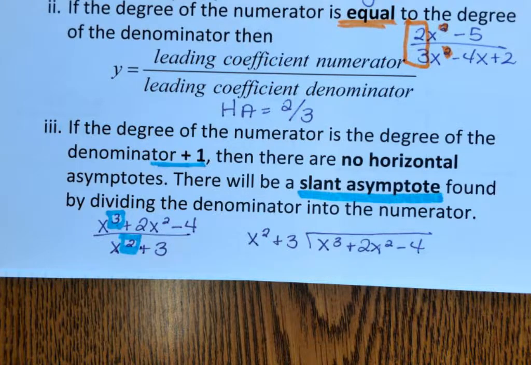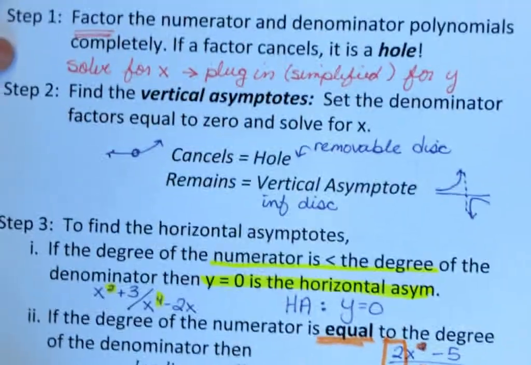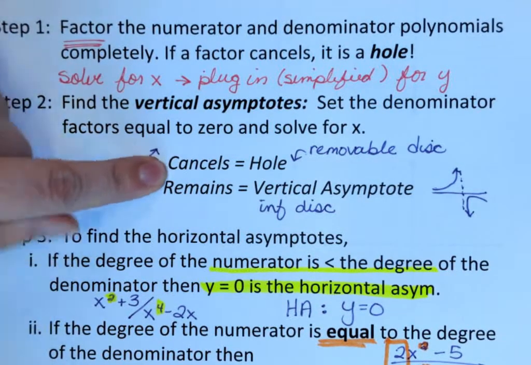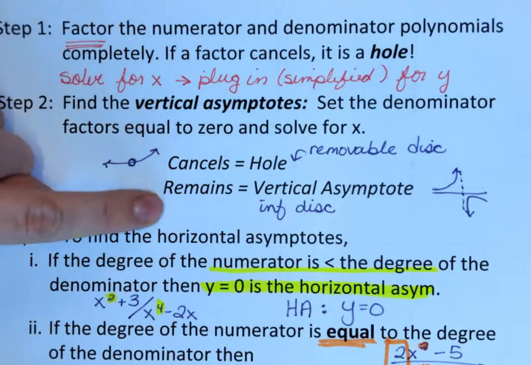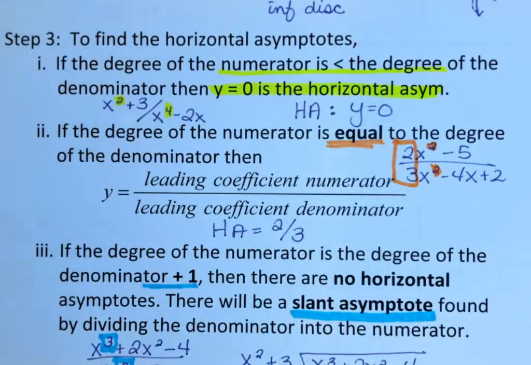Okay? So the steps that we do here, again, very important. You start by factoring the numerator and the denominator. You look, does stuff cancel out, yes or no? If it cancels out, it's going to be a hole. If it's still in the denominator, it's going to be a vertical asymptote. Then we think about our horizontal or slant asymptotes.